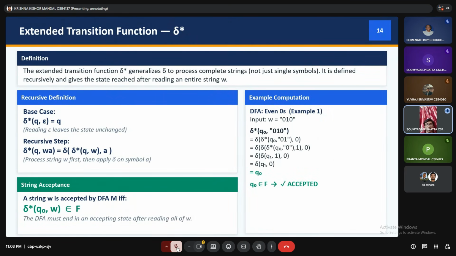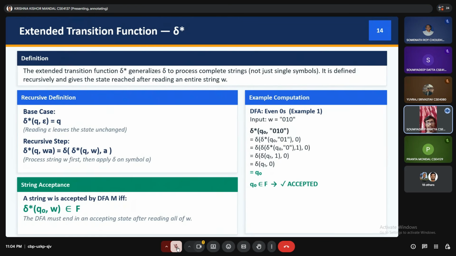Extended transition function. The extended transition function, delta star, generalizes delta to process a complete string, not just single symbols. It is defined recursively and gives the state reached after reading an entire string w. The base case is delta star of (q, epsilon) equals q.